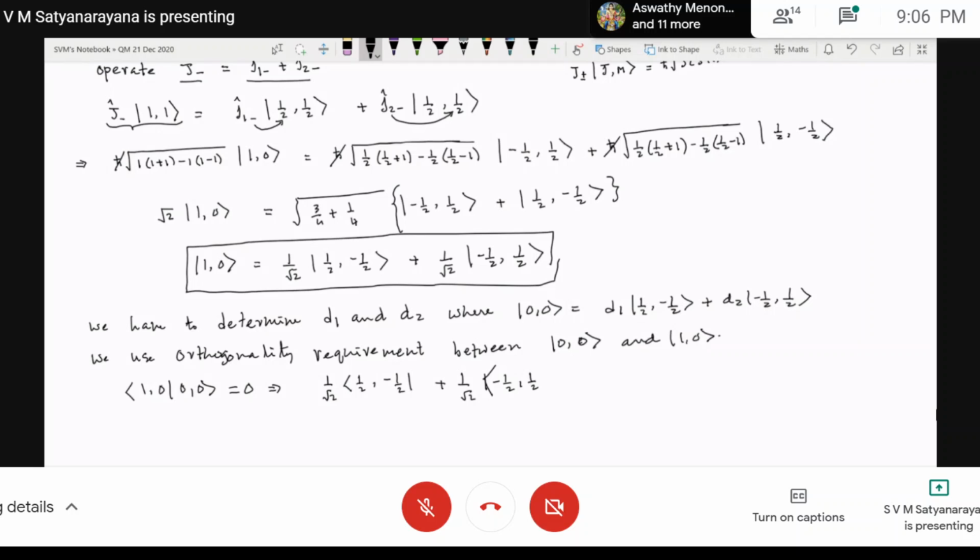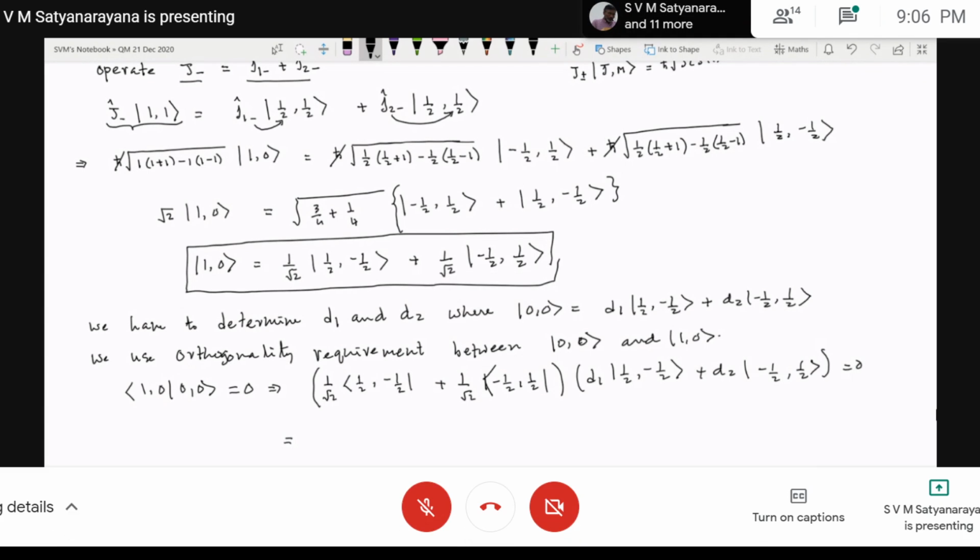Okay, so this is the bra vector of |1,0>, and here I have D1 |1/2, -1/2> plus D2 |-1/2, 1/2>. So this has to be equal to 0.